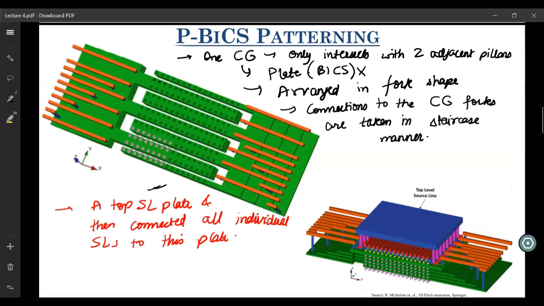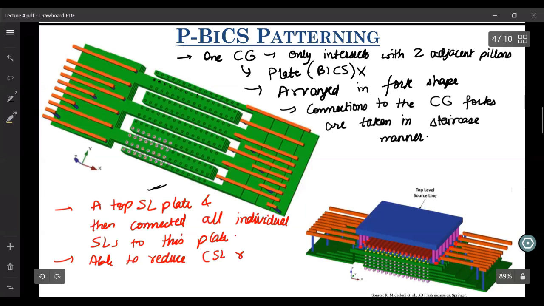And just by doing that, since it's at the top level, as you go towards the upper metal layers, their line resistance reduces. So this way they were able to reduce the common source line resistance even further.